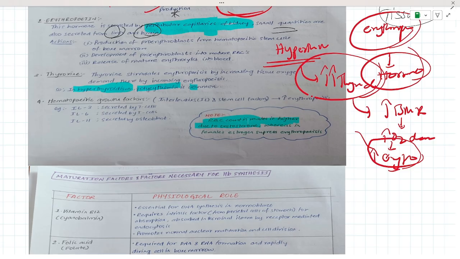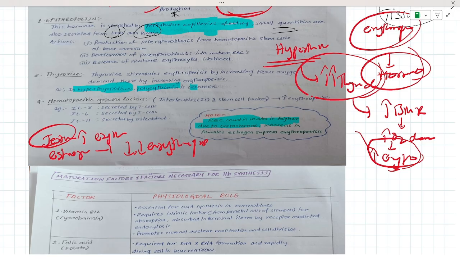We all know that males have testosterone, whereas females have estrogen. Testosterone increases erythropoiesis, whereas estrogen suppresses erythropoiesis. So this is the main reason males have higher RBC, because of testosterone only.